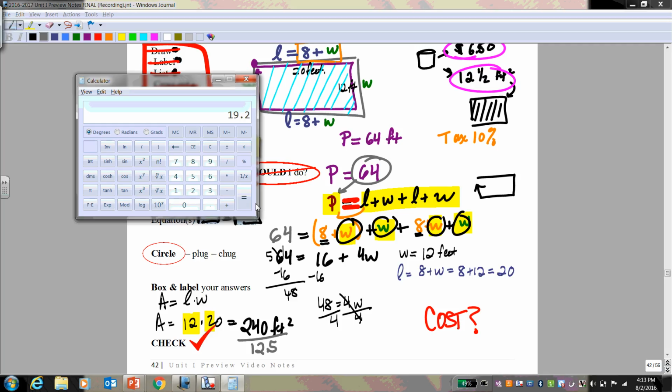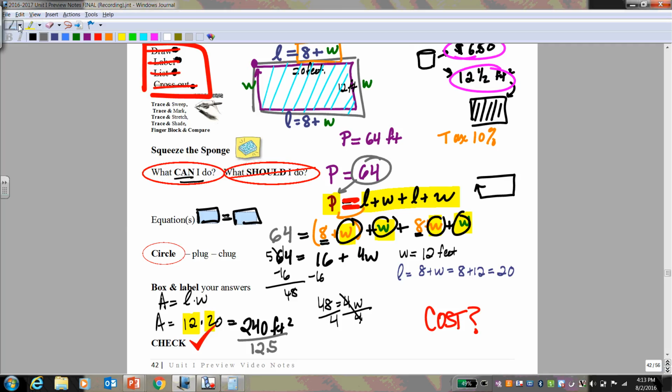It says 19.2 bags, but be very careful. You don't buy 19.2 bags at Home Depot or Orchard Supply. So we're going to be purchasing 20 bags at $6.50 each.